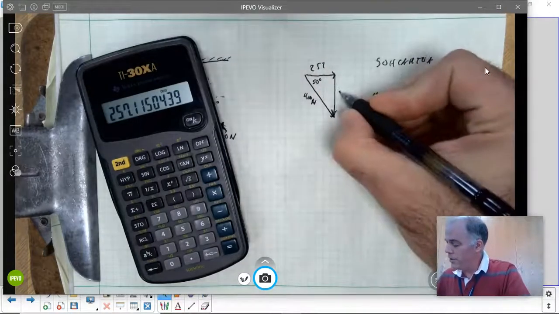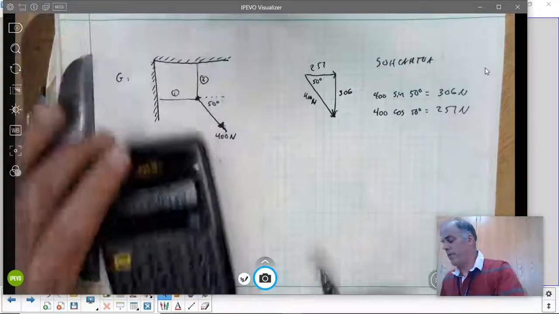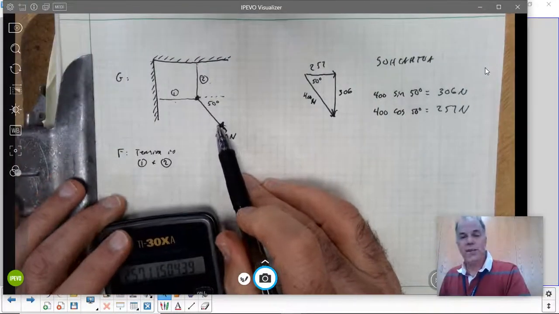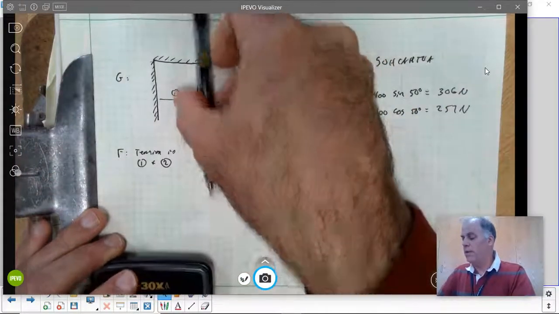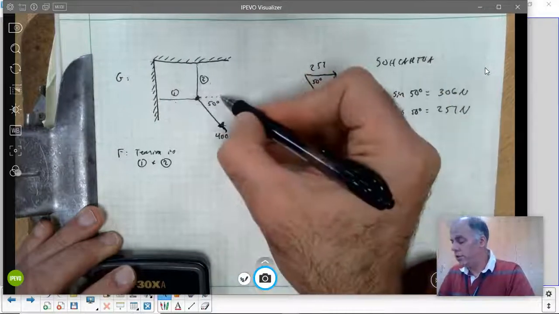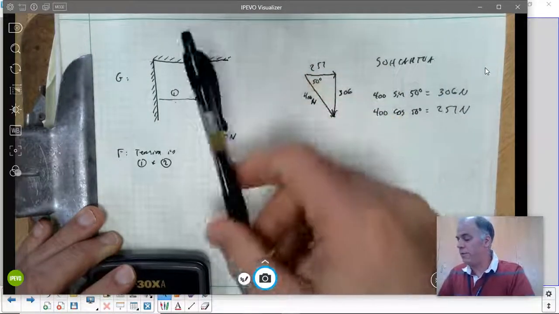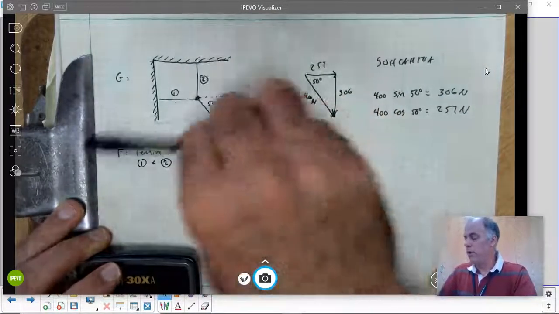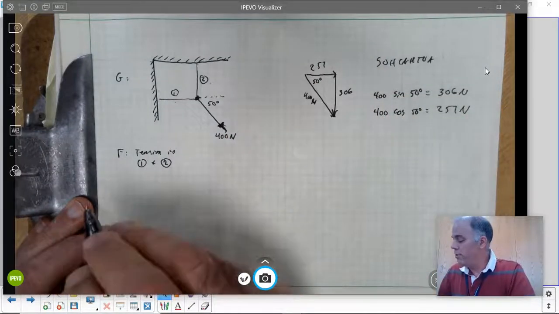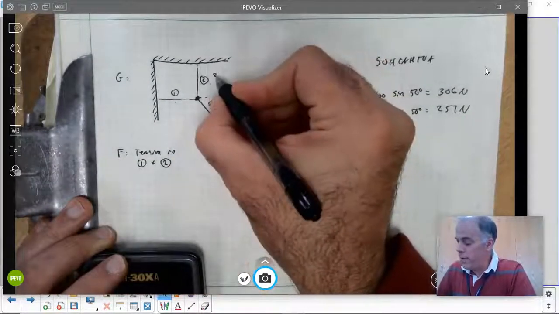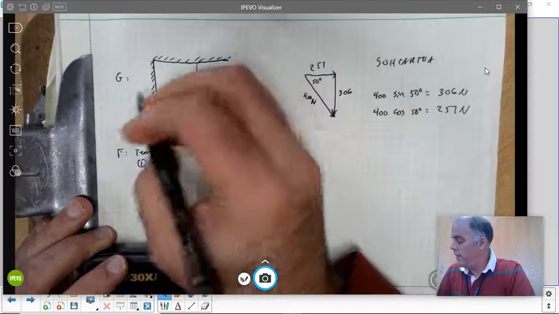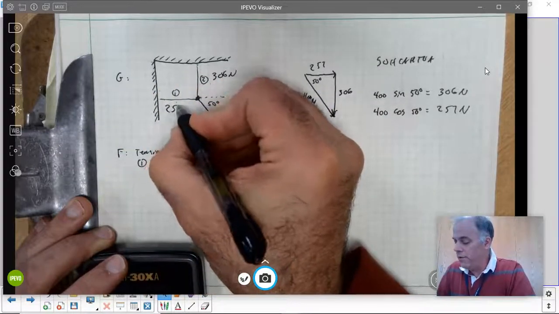The long side is going to be the 306. When we transfer that to this diagram here, we are pulling more down than we are pulling to the side because this is 50 degrees. This is more than 45 degrees. So the force is more downward than it is sideways. So the greater force is going to be up here. That's going to be the 306 newtons. And the lesser force is going to be here, 257 newtons.